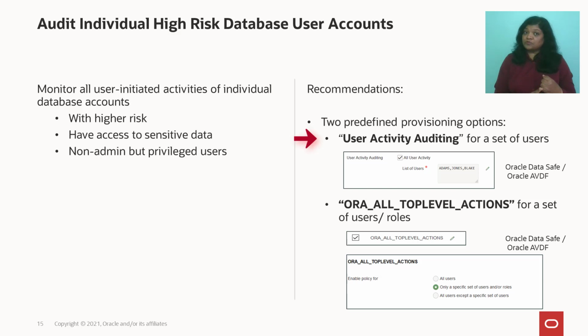You can either opt for enabling the user activity auditing for a well-defined set of users or consider enabling Aura all top-level actions with little broader flexibility where you can enable for a set of users or roles, or you can consider enabling for all users except a few of them.